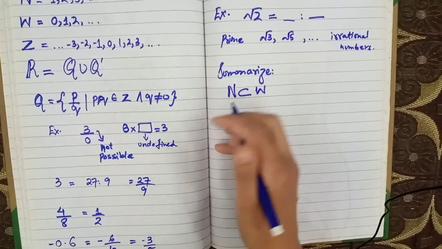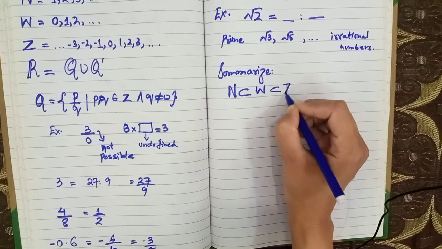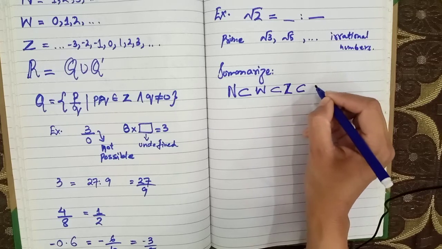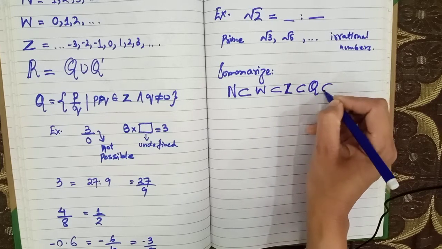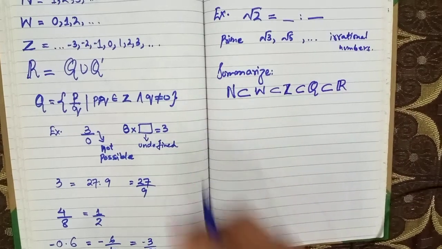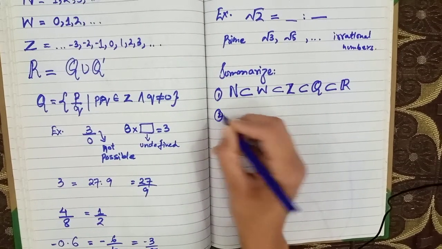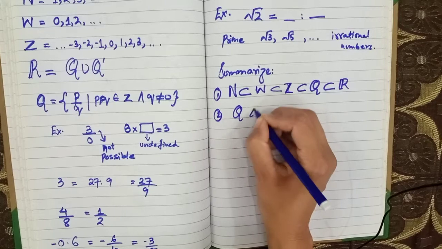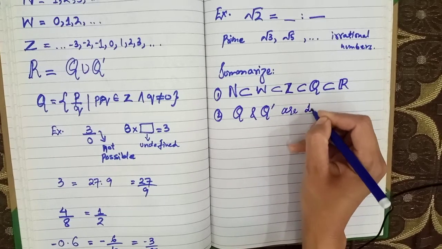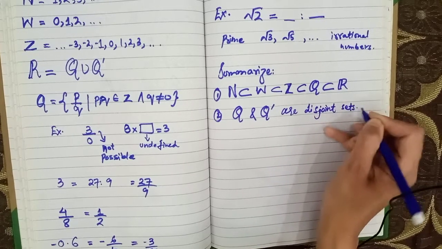Whole numbers are a subset of integers. The set of integers is a subset of rational numbers, and the set of rational numbers is a subset of real numbers. Point 2 noted here is that the set of rational numbers and the set of irrational numbers are totally disjoint sets, because there is nothing common in both of the sets.